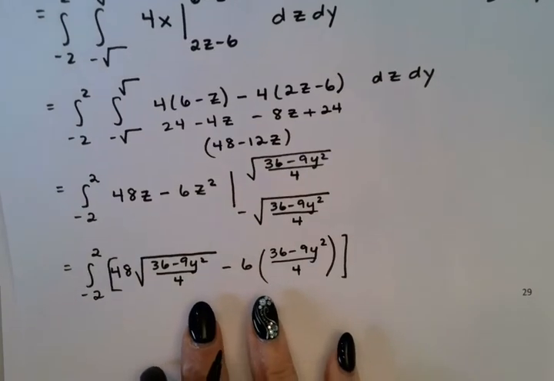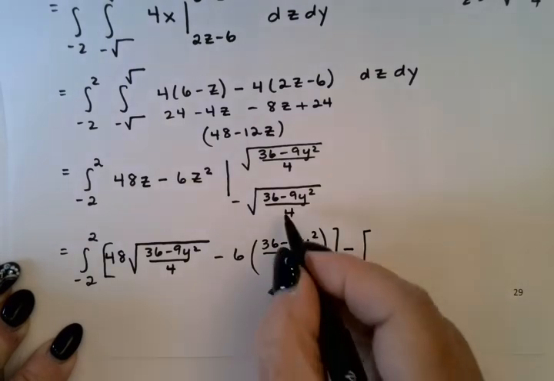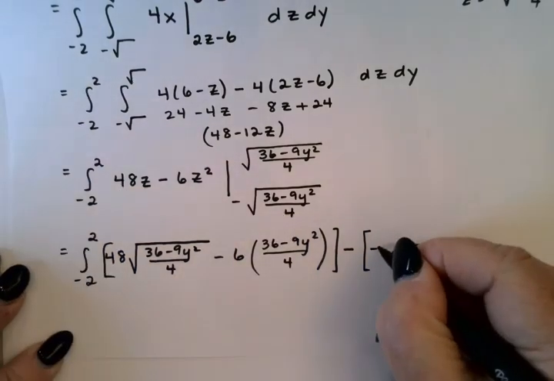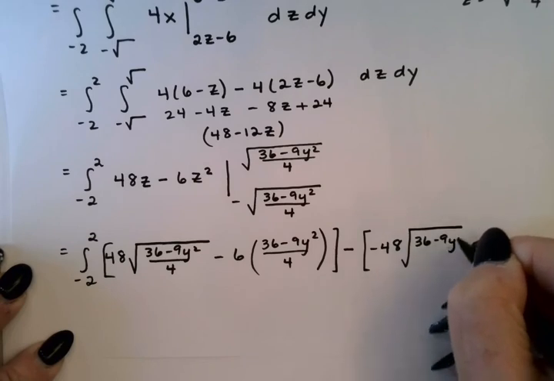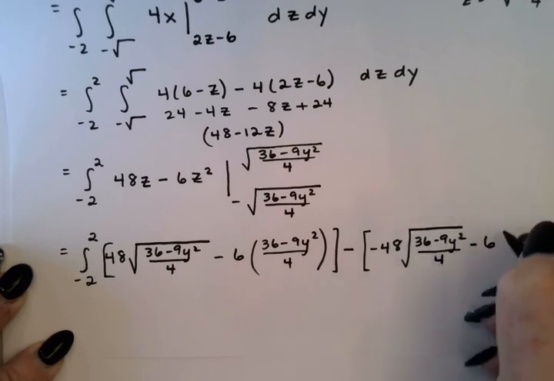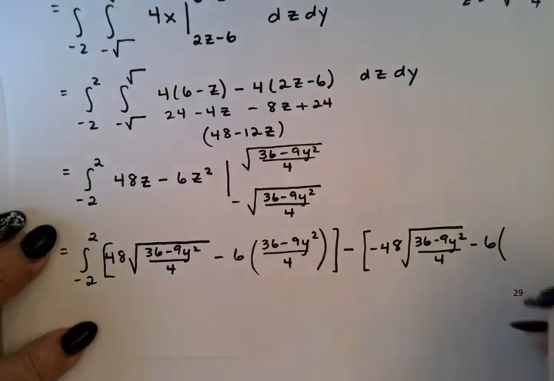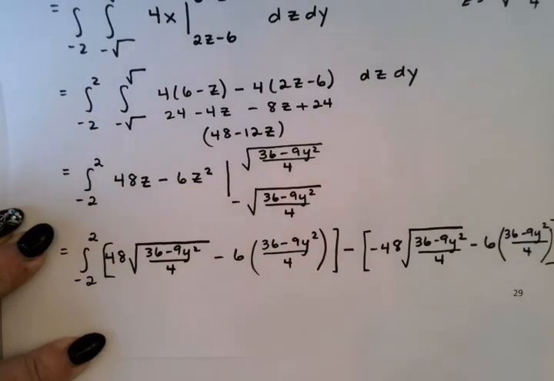My apologies. Subtract. Now I'm plugging in the lower limit, so that's going to give me a negative 48 times that square root. Minus 6 times, and squaring the square root is going to give me the positive 36 minus 9y squared over 4 again. And that's all. Still got a dy after it.